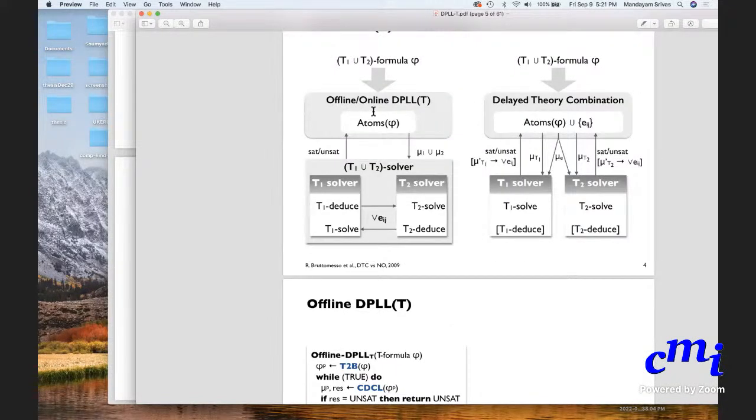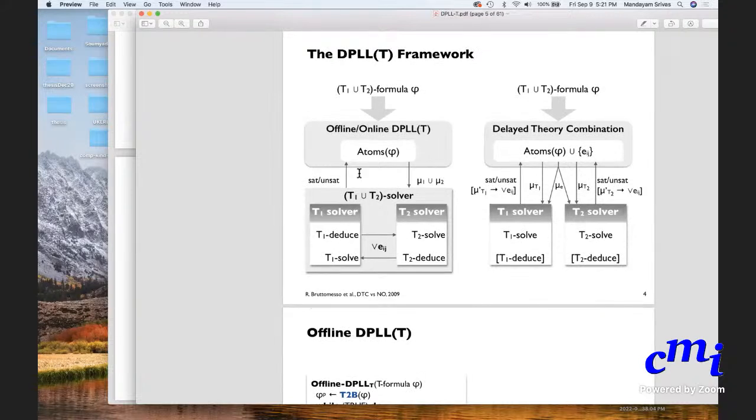There are versions in which the theory solvers and the SAT solving superstructure are more intimately integrated. But this is basically the basic structure. We will see a little bit more of this later in the course.